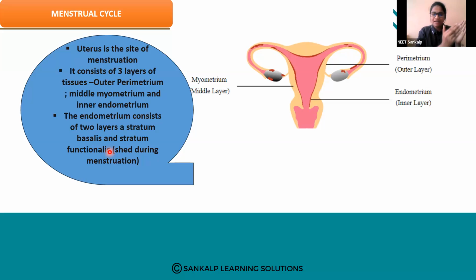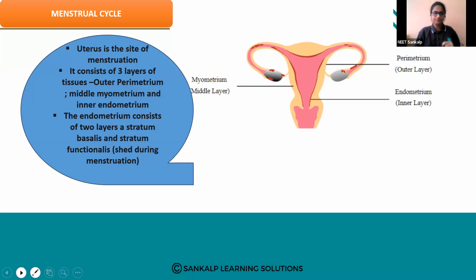If implantation or fertilization does not happen, that developed wall, the stratum functionalis, should shed. That shedding of stratum functionalis leads to bleeding. So bleeding occurs due to the shedding of this stratum functionalis in the uterus, guys.